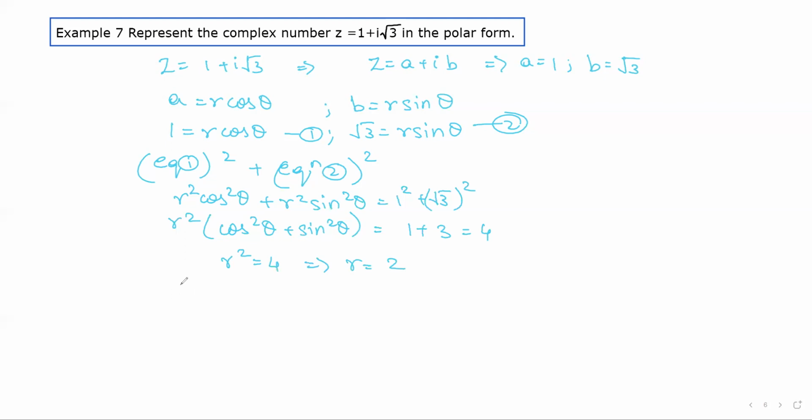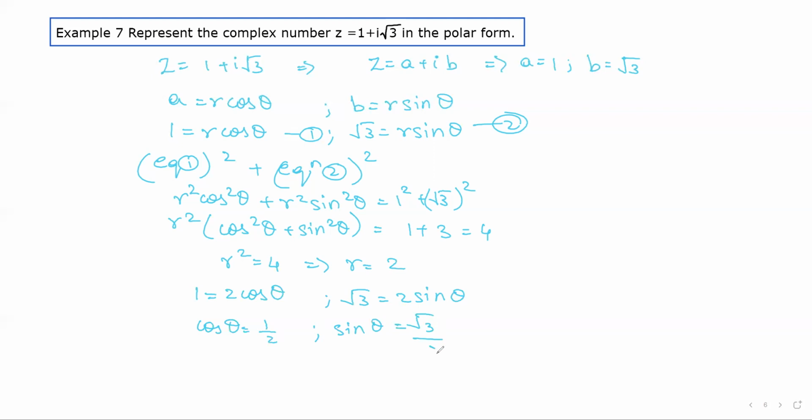Now, if r is equal to 2, then 1 is equal to 2 cos theta and root 3 is equal to 2 sin theta. Now, here you can either apply your observation or you can calculate tan theta and then get the value of theta. So, your cos theta is equal to 1 by 2 and your sin theta is equal to root 3 by 2.